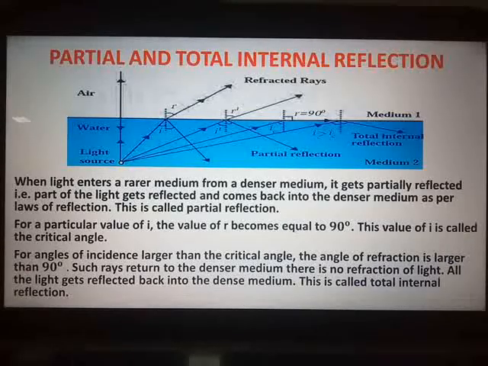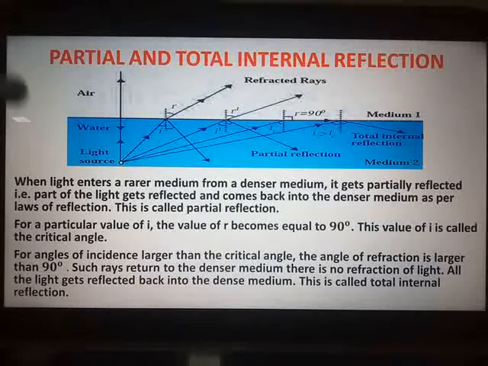So as the light is going from the denser to the rarer medium, it bends away from the normal. You have studied the behavior of light in the glass slab, which I had shown you initially. What does this signify? That the angle of incidence I is smaller than the angle of refraction R. Now if we increase the value of I, if we increase the angle of incidence, R will also increase according to Snell's law, as the refractive index is a constant.